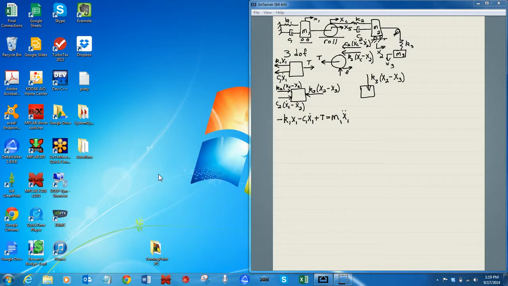The reason it's positive is because it's a positive displacement in the diagram.